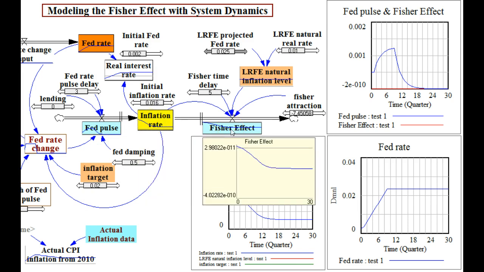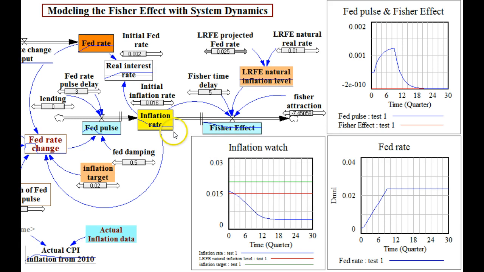The Fisher effect creates a long-run reaction on the inflation rate. I show a graph in the post that I'm going to include with this video, where there's a downsloping orange line for the short-run effect, which is the Fed pulse, and an upsloping blue line which shows the Fisher effect.